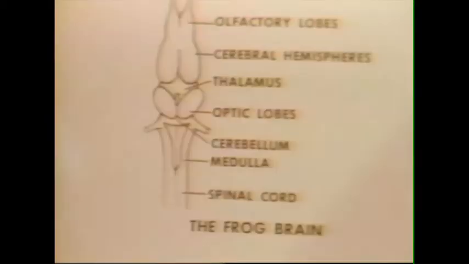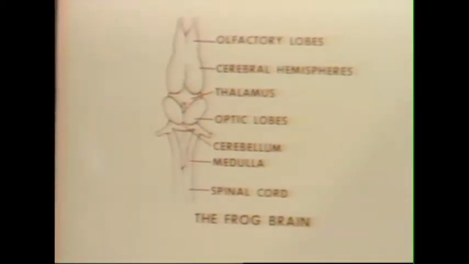Part of the reason they are there only in potential can be seen from the next slide, or the next table. Here we are. Here is a rough schema of a frog's brain, and you see it has very large olfactory lobes in comparison with man.